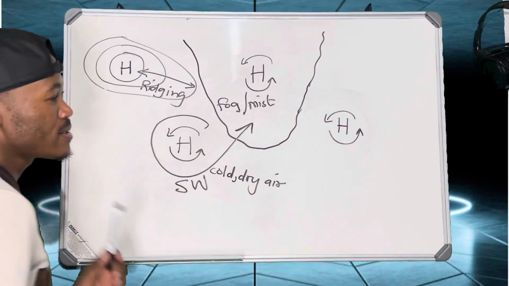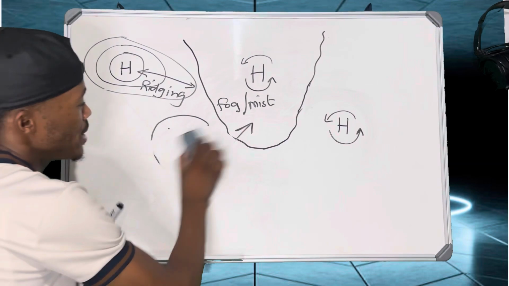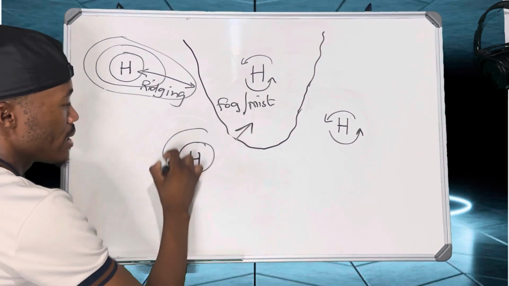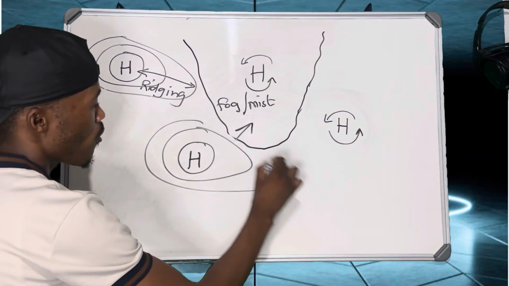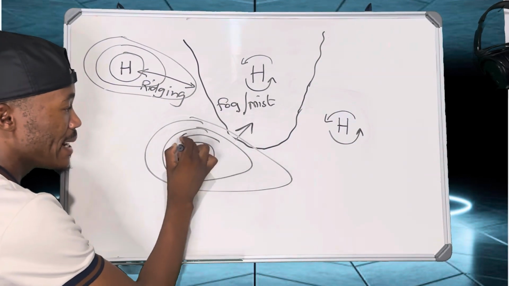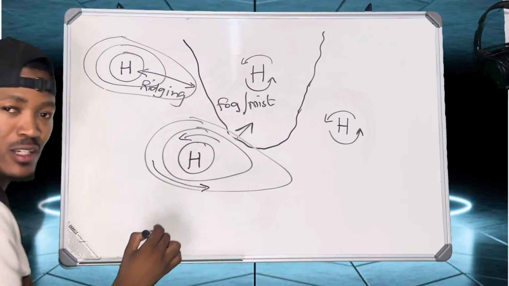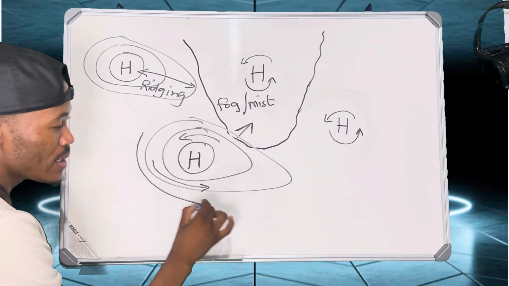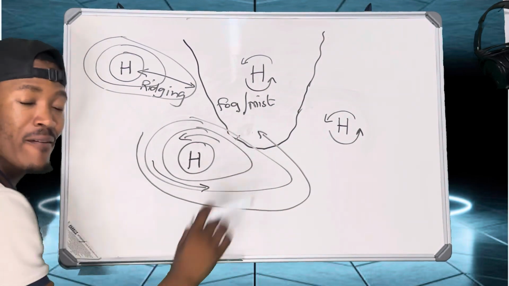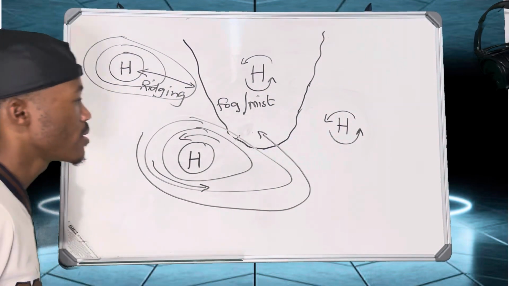Since the isobars are elongating away from a high pressure cell and the air circulates in an anti-clockwise direction, the air will now have a larger fetch.